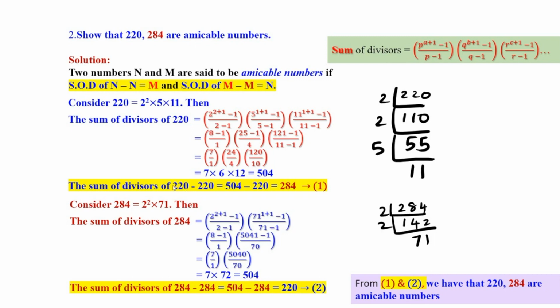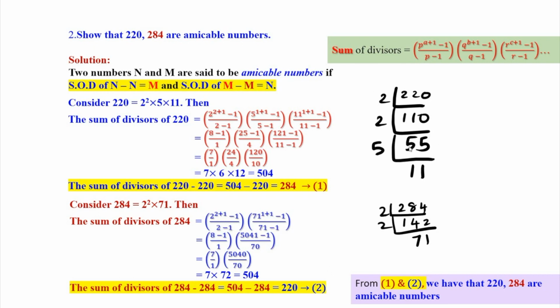The sum of the divisors of 220 minus 220 is 504 minus 220, that is 284. And here it is 504 minus 284, that gives us 220. So from 1 and 2, they satisfy the condition for amicable numbers. So 220 and 284 are amicable numbers.